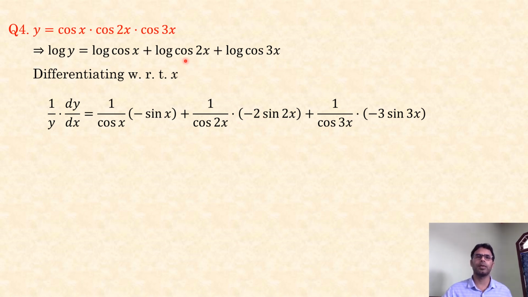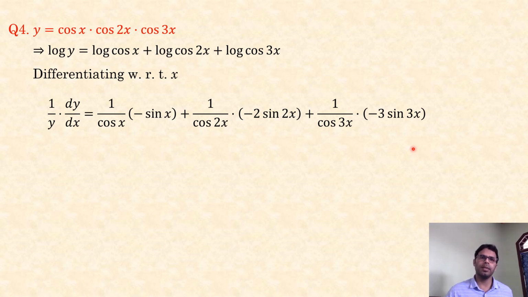It is the cos mx type. Then plus 1 by cos 3x into the differentiation of cos 3x, which is minus 3 sin 3x. The formula for the derivative of cos mx is minus m sin mx. It was covered in the first year classes.